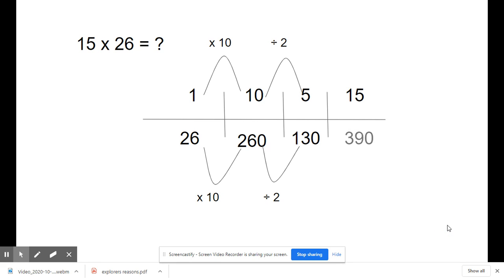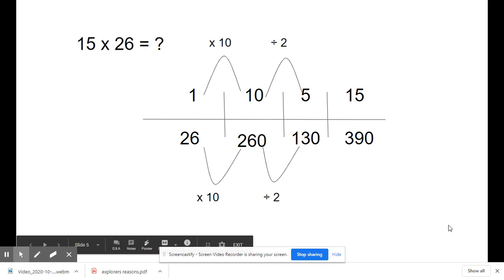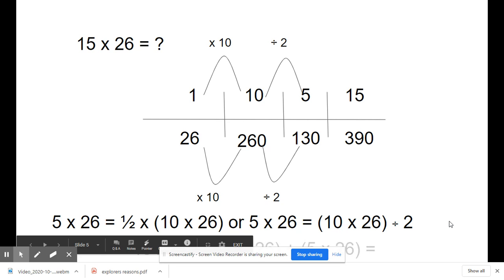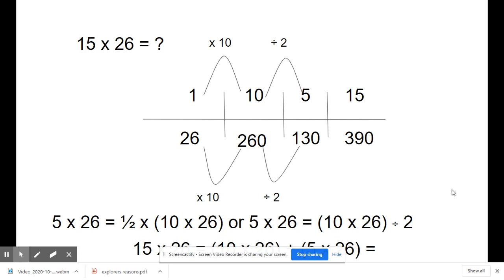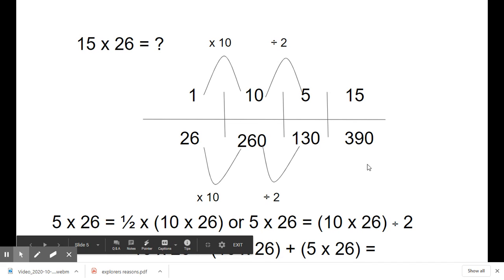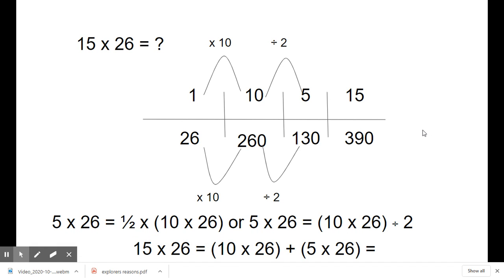So if we took 10 plus 5 is 15, we know that 260 plus 130 is 390. 5 times 26 equals the same as 1/2 times 10 times 26, or 5 times 26 equals 10 times 26 divided by 2. 15 times 26 equals 10 times 26 plus another 5 times 26.